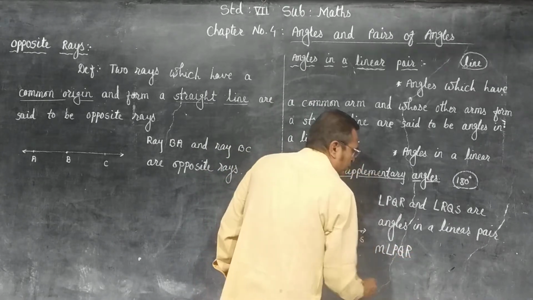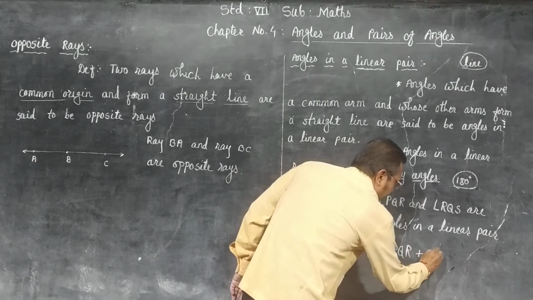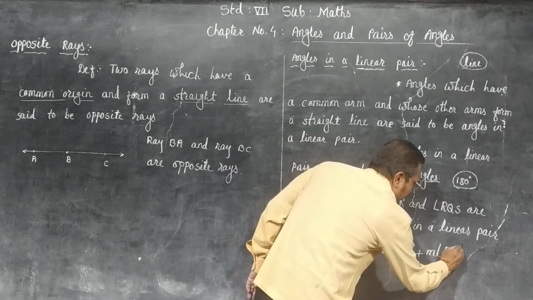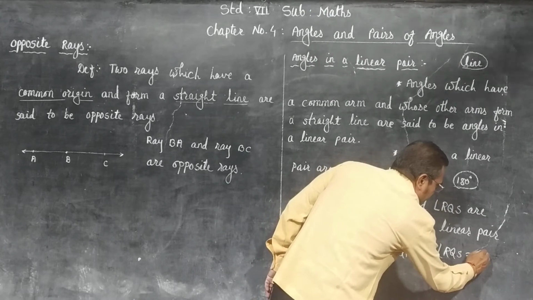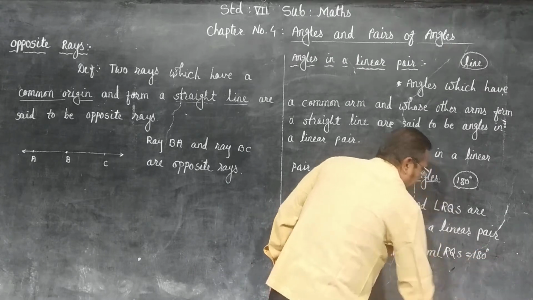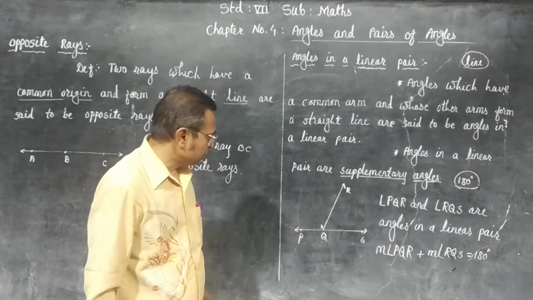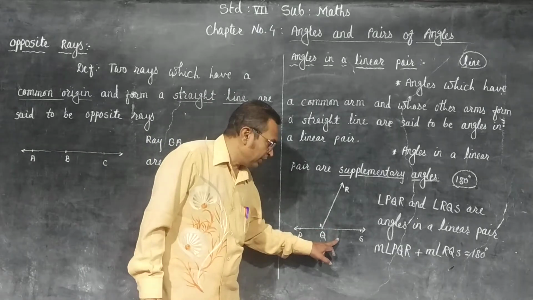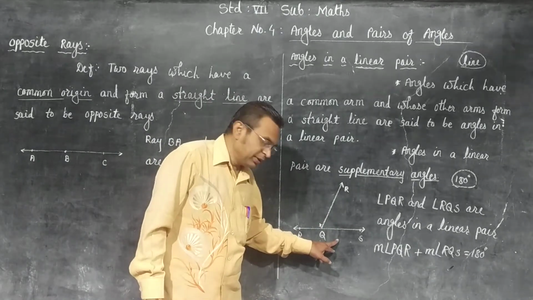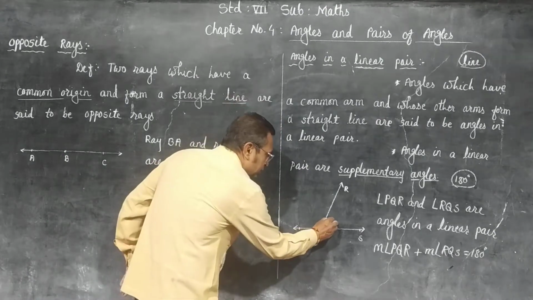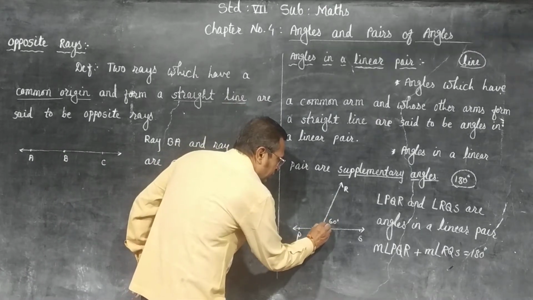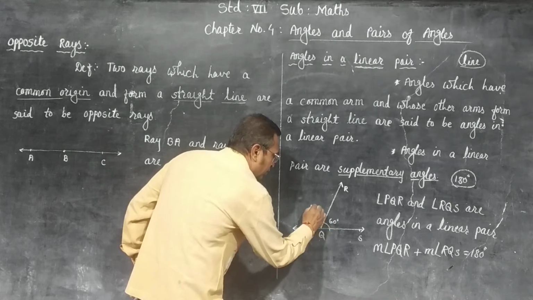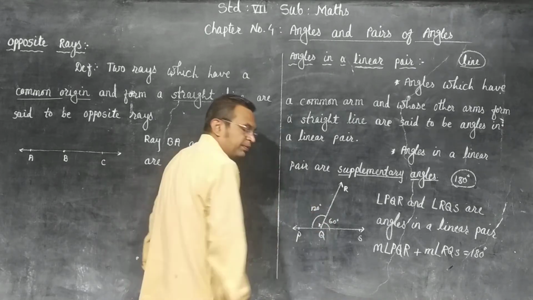Measure of angle PQR plus measure of angle RQS is equal to 180 degrees. Because they form on a straight line, they are angles in a linear pair, and angles in a linear pair are supplementary. If this angle is 60 degrees, this will be 120 degrees.